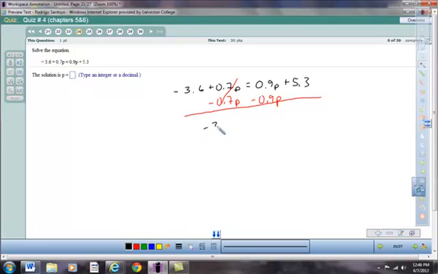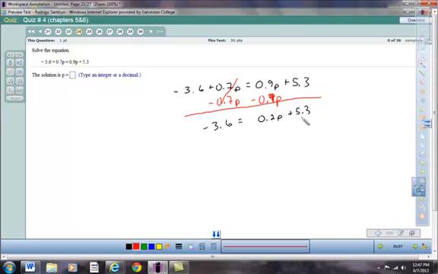I'm sorry, this here should be a 7. Because that's a 7, when I cancel, I get 0.2p plus 5.3.